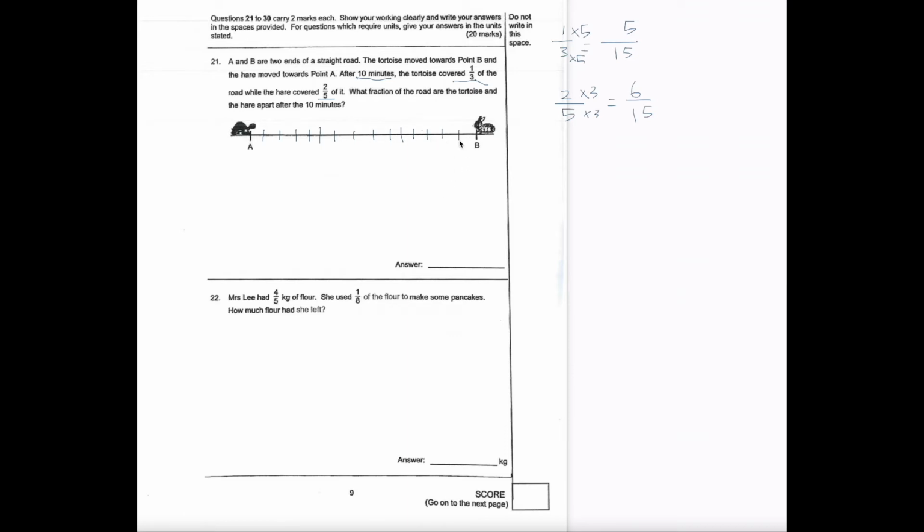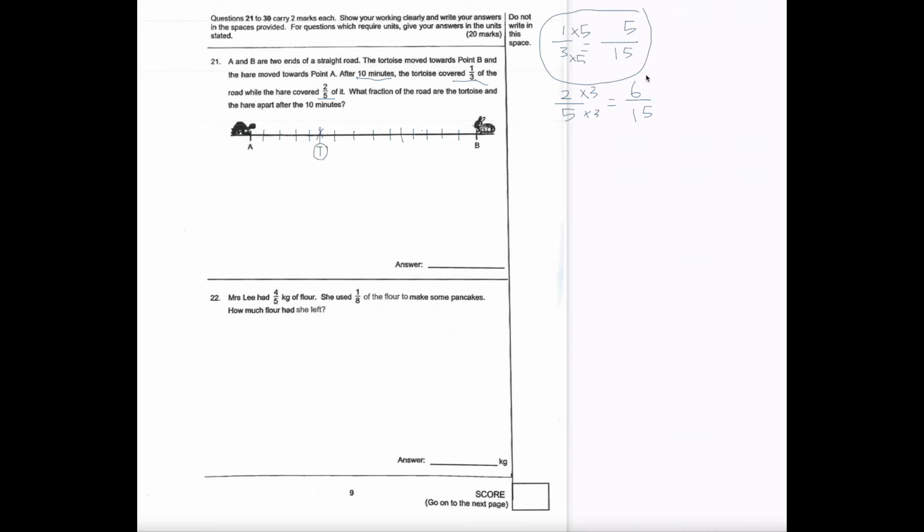Okay, it's not really drawn to scale, but there are 15 spaces here right now. The tortoise will be at the 5th unit because the tortoise is going towards this direction. So 1, 2, 3, 4, 5. The tortoise will be here. Okay, T is for tortoise.